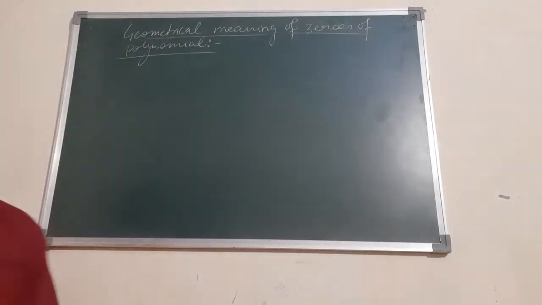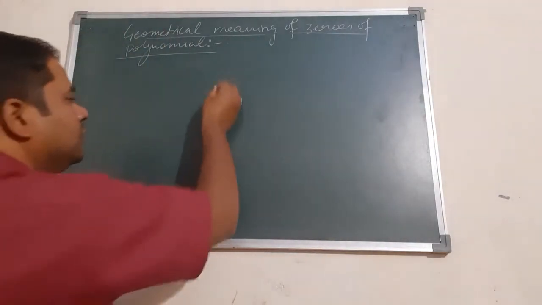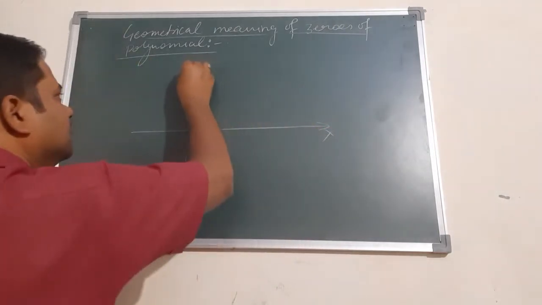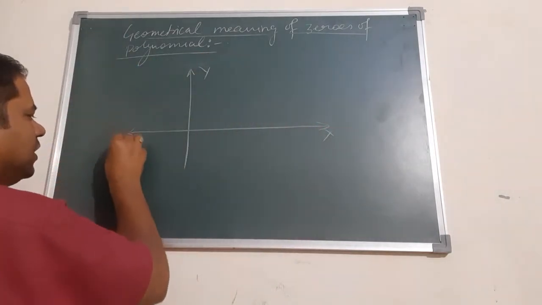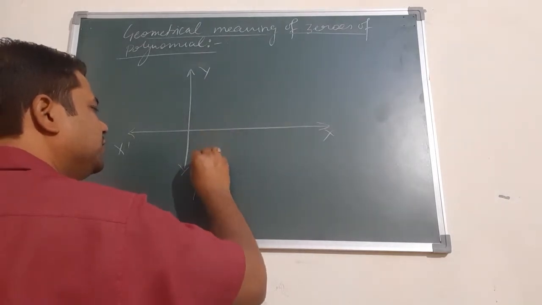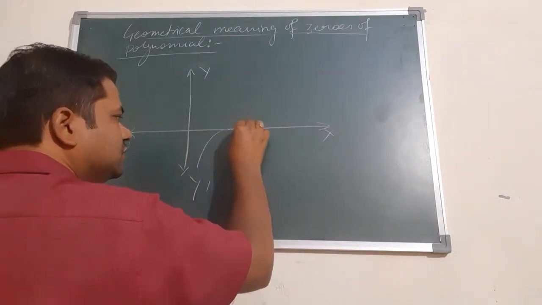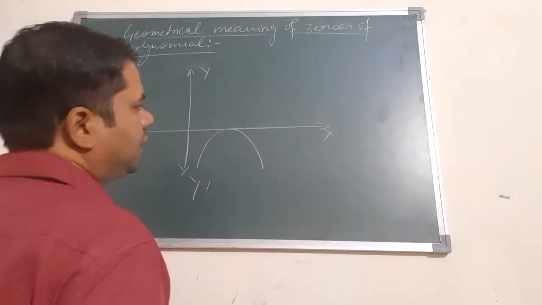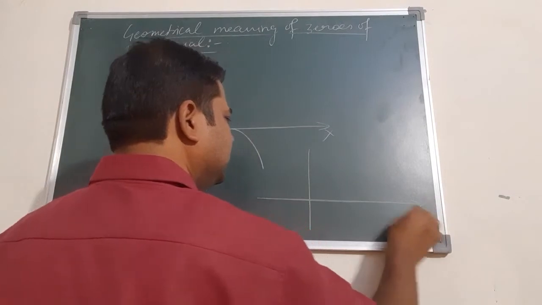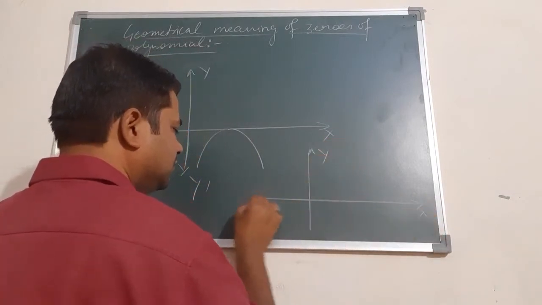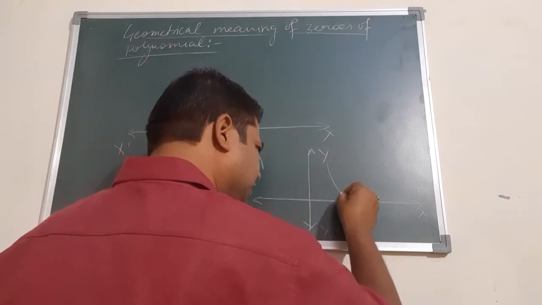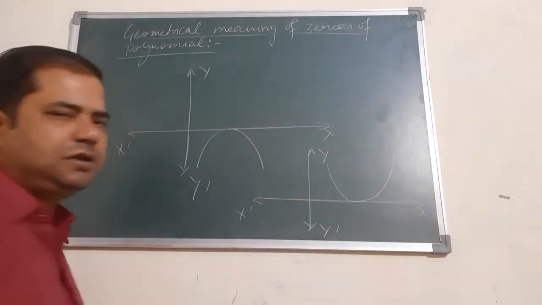Maybe like this. X dash, Y dash. Maybe this is the situation. Otherwise, maybe this is the situation.